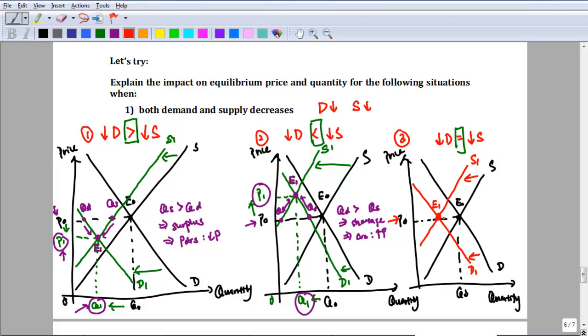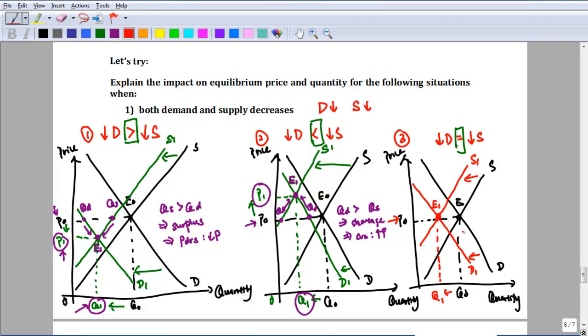Because at this market equilibrium point E1, quantity demanded is equal to quantity supplied, so there is no shortage and no surplus. However, because of the fall in supply and the fall in demand, your equilibrium quantity decreased from Q0 to Q1.